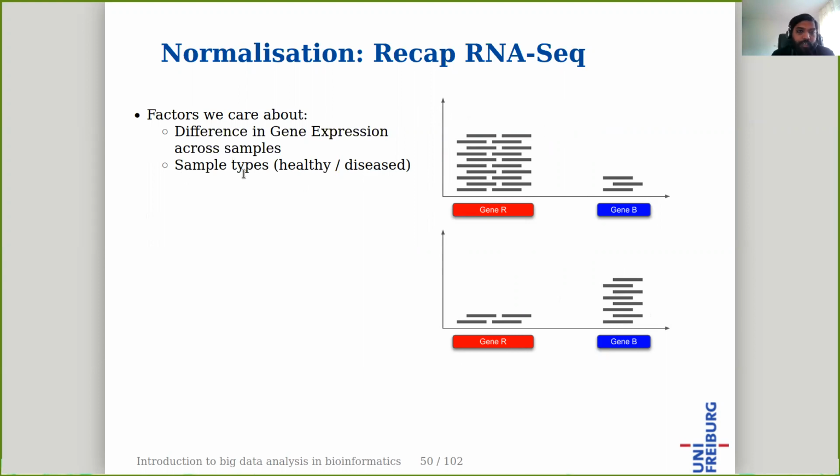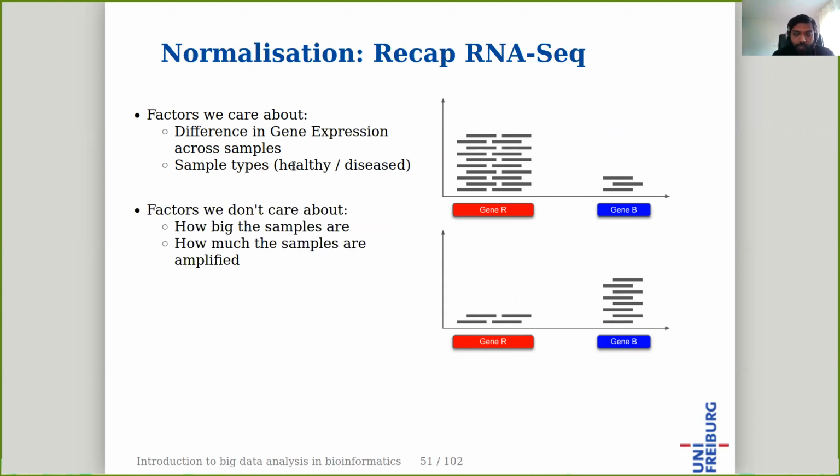That's how we see, and that's why these are the factors that are important for us: what type of tissue or sample it is, or what the difference is between the gene expression across the samples. Factors that we don't care about are how big the samples are, whether they are sequenced at different depths, and how much the samples are amplified. We don't care about it because we cannot solve this amplification problem.